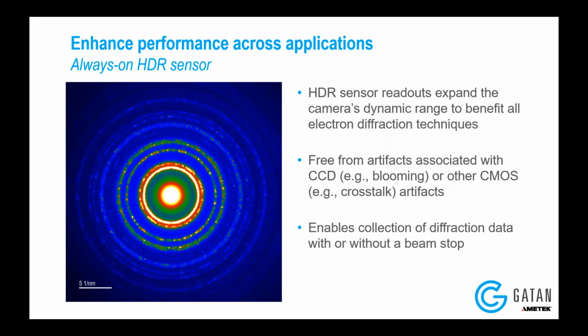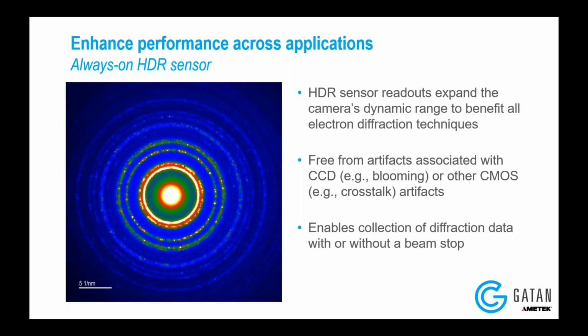Now, the next thing about the sensor is that it has these HDR readouts that are new to the camera in comparison to the OneView camera. So with ClearView's HDR sensor readouts, it improves the dynamic range. It makes it really good for electron diffraction, whether you're doing 4D STEM or selected area electron diffraction.